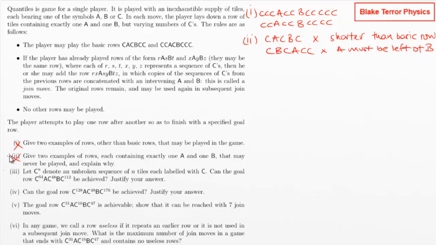So what's happening when we're combining these things? We're starting with a certain number of C's. We have to start with a basic row. So we start 1, 1, 2 or 2, 1, 3. And then we combine these, which means, so when we combine them, everything's a variation of these basic rows.